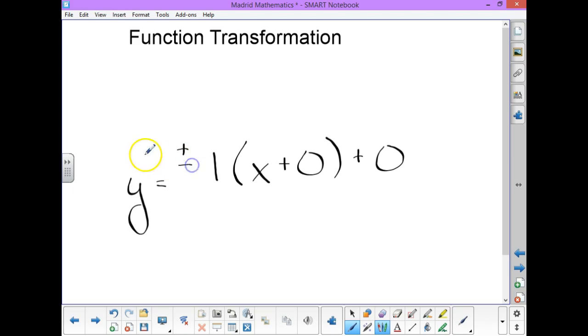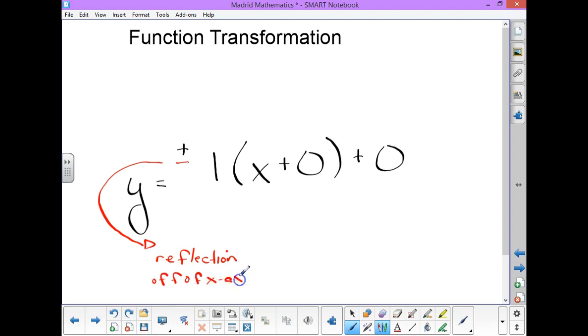If you happen to have a negative value up in the front, you're going to say it's a reflection off of the x-axis. End of story.